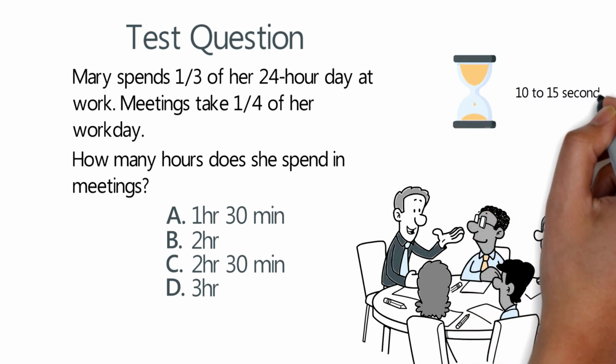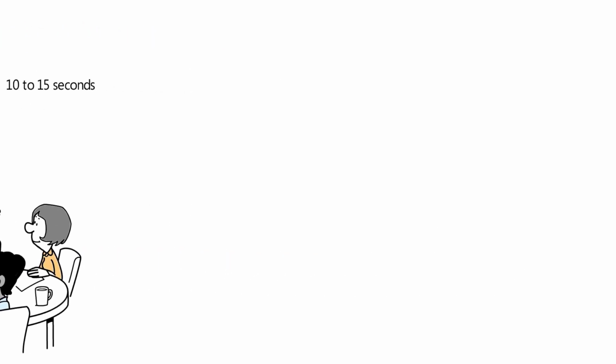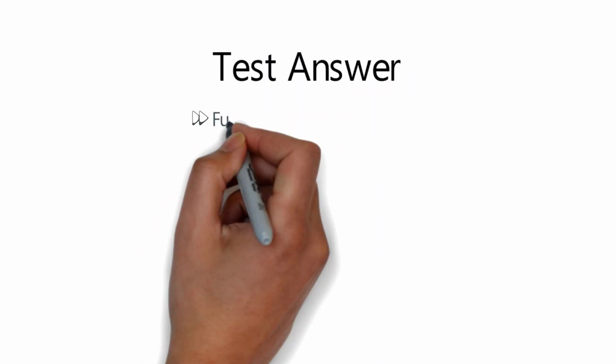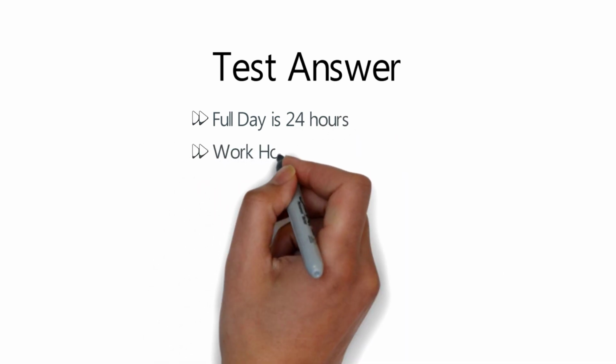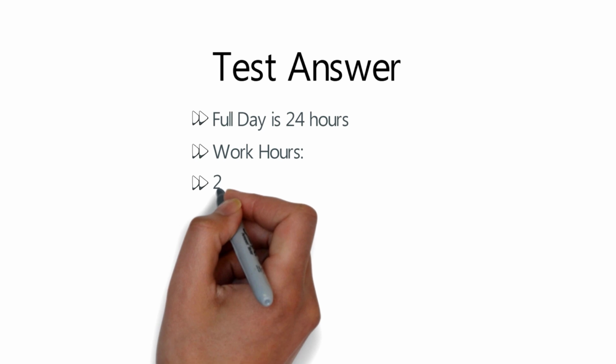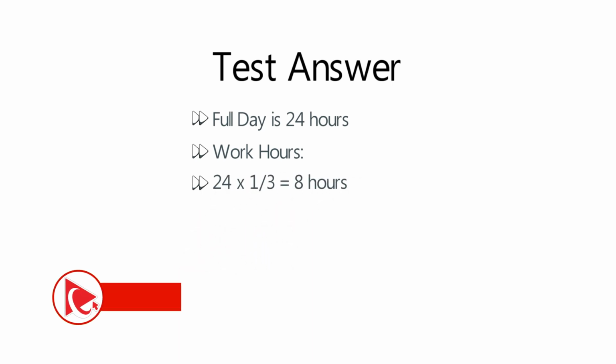Give yourself 10 to 15 seconds, maybe a bit longer, depending how well you typically solve these types of problems. Ready or not, let's go ahead and solve this challenge together. As you might be well aware, a full day has 24 hours. Mary's working hours are very typical. They represent 1/3 of the full day, which is 8 hours, and we calculate it by multiplying 24 by 1/3, or actually dividing 24 by 3.